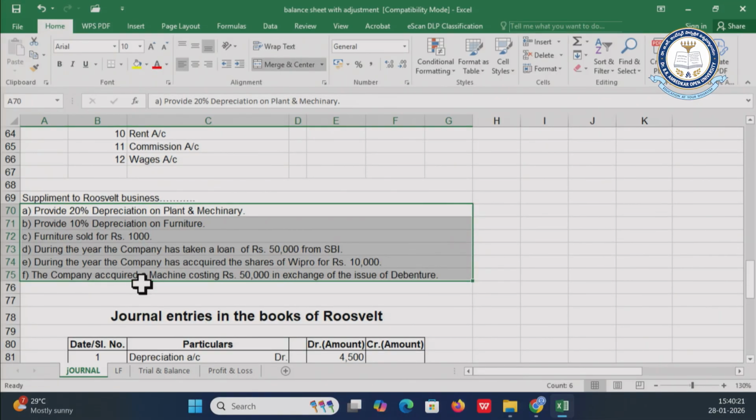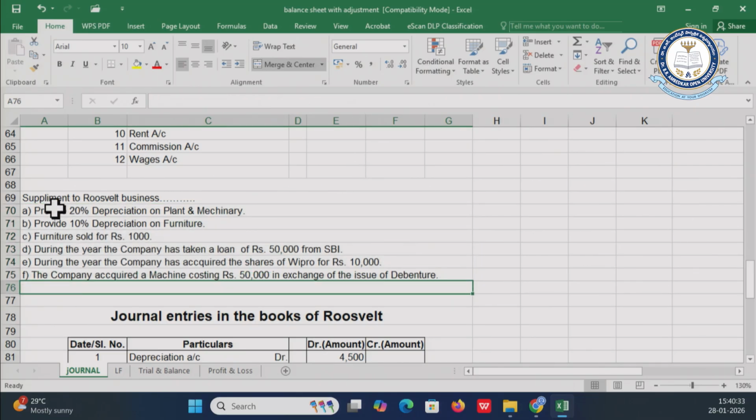The context here is that we have additional information other than what is presented during the course of business in the year, or what is presented in the trial balance. For example, provide 20% depreciation on plant and machinery. Provide 10% depreciation on furniture. Furniture sold for 1,000 rupees.